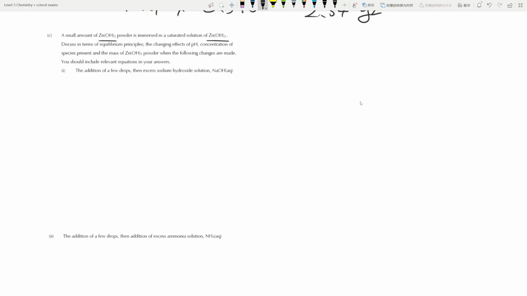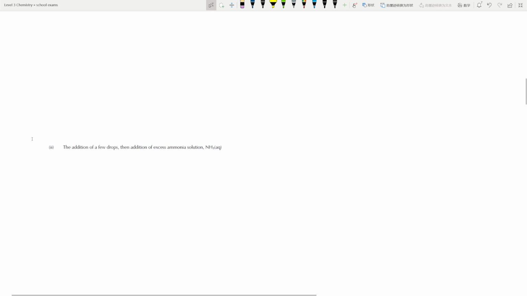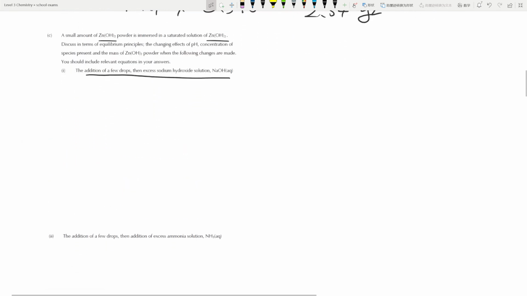Okay, so I'm adding a few drops, then excess sodium hydroxide solution. This is where you need to look at your resource sheet, because on your resource sheet you will see a complex ion, Zn(OH)4 2-.